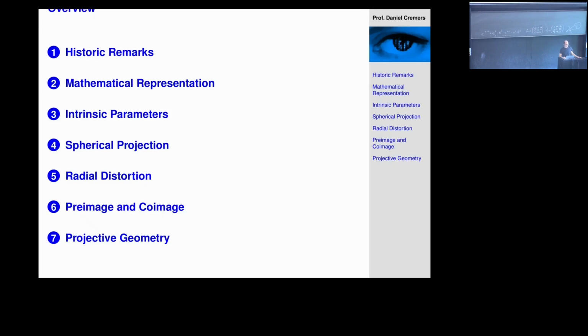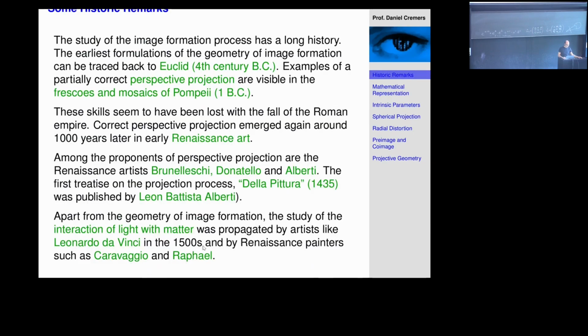And there are a lot of different projection models: the perspective projection, spherical projection, there are aspects of radial distortion, and then this notion of pre-image and co-image, and there's this general mathematical field of projective geometry. This is not a class on projective geometry, but I want to briefly mention how that connects.